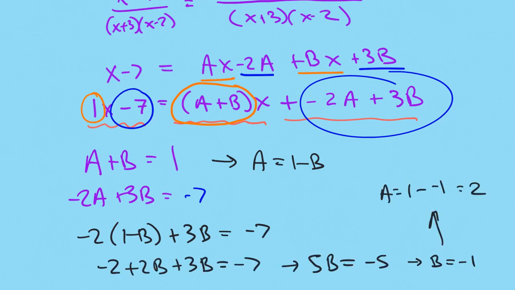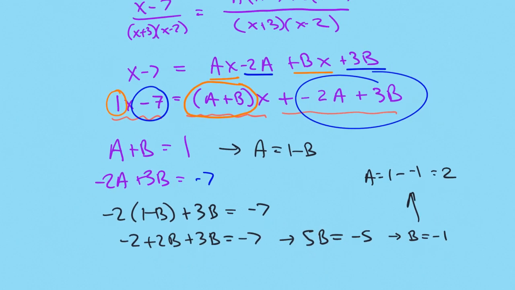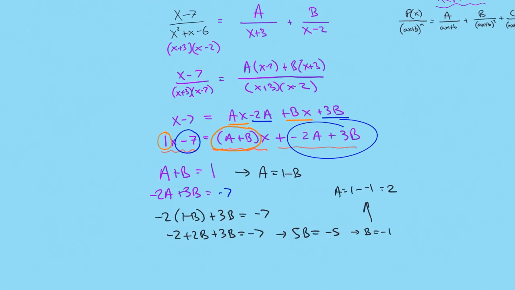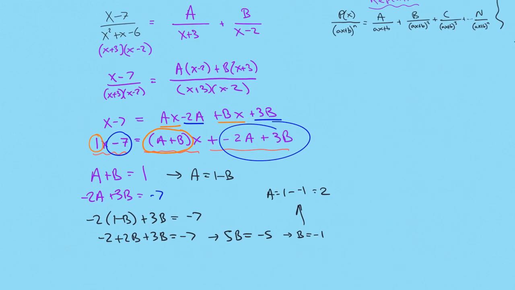All right, so all that work tells me that a is equal to 2 and b is equal to negative 1. And so I can finally go back and write my final answer using that initial setup way at the top here.